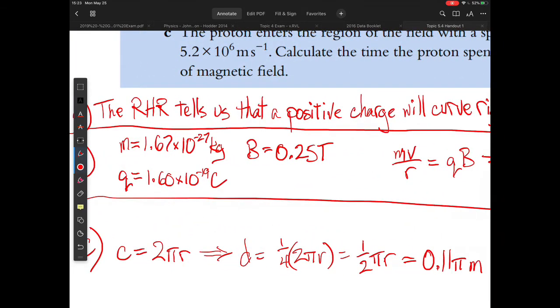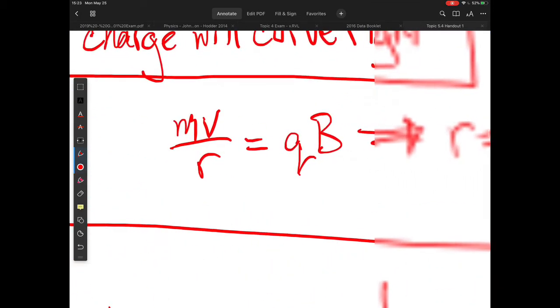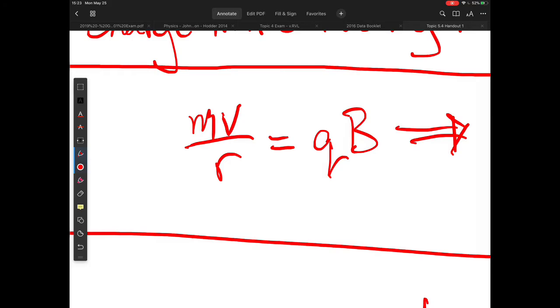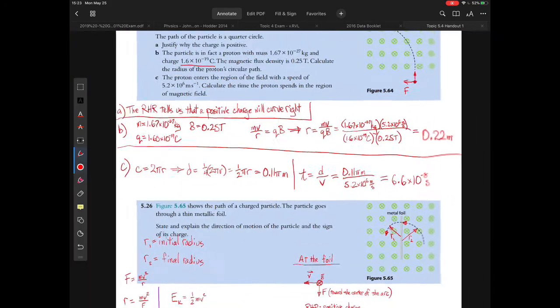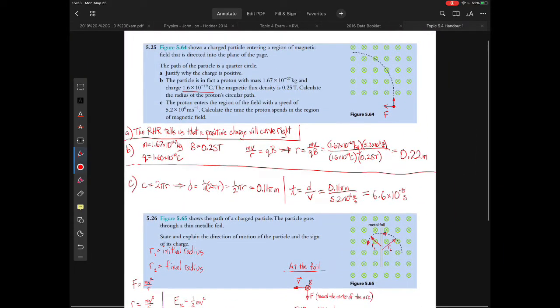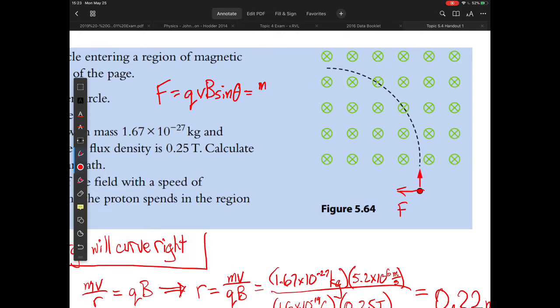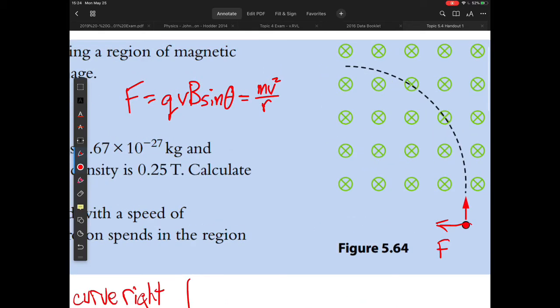Okay, well, here's where things get a little bit tricky because we have not covered topic 6 yet, and you then would not know this equation. So the derivation, just super quickly, is force is equal to QVB sine theta. And the formula given for centripetal force in your book is mv squared divided by radius. So what happens is one of our velocities on each side cancels out.